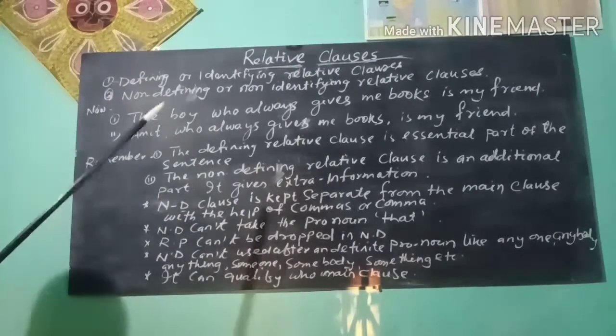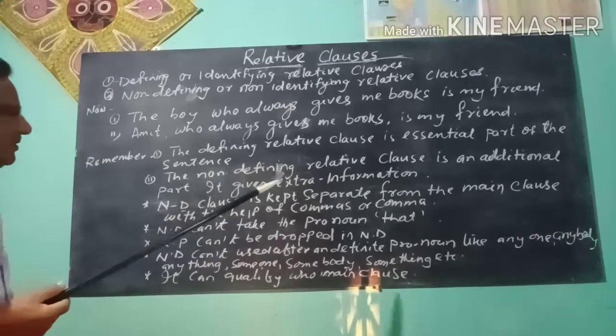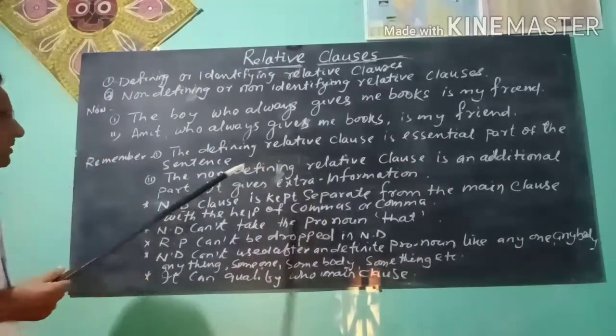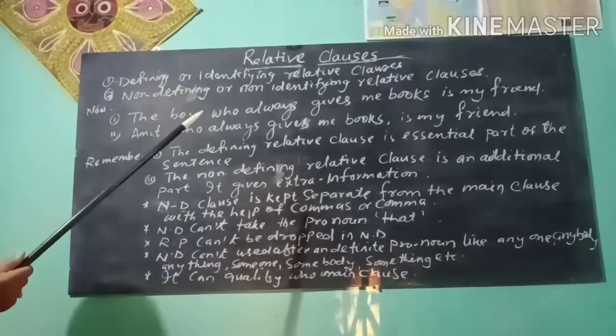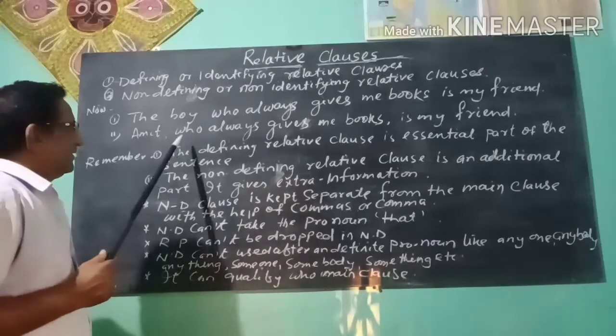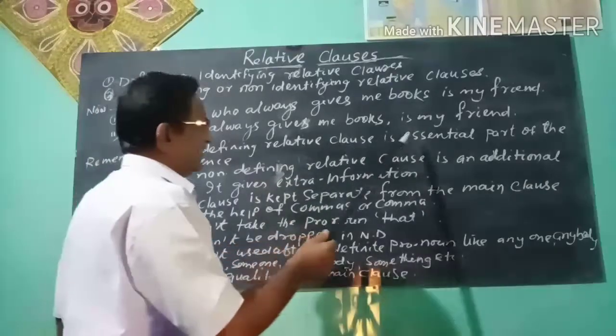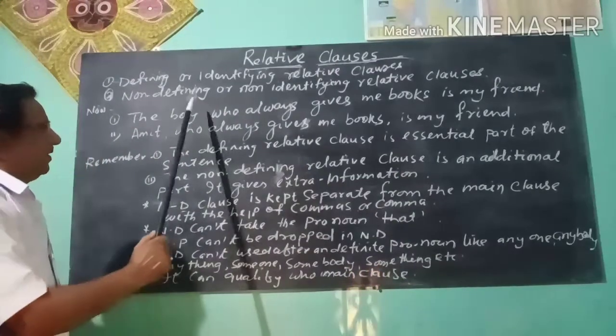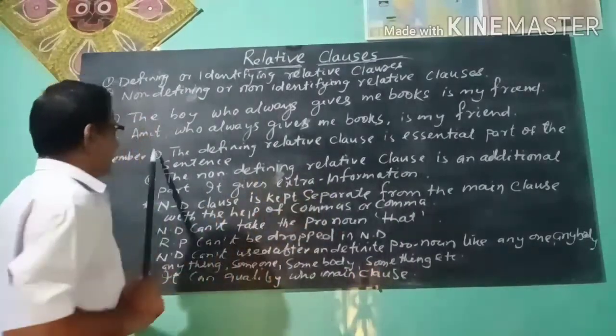From these two sentences, we should know, or there are points to remember for every student, that the defining relative clause is an essential part of the sentence, like who always gives me books.